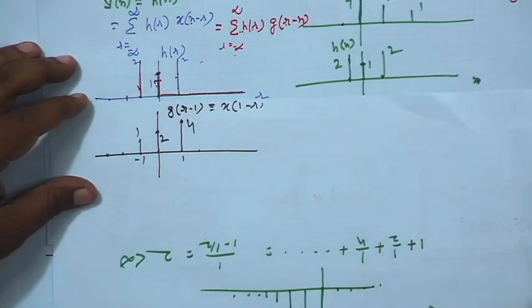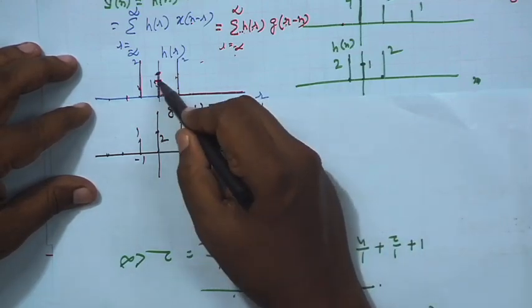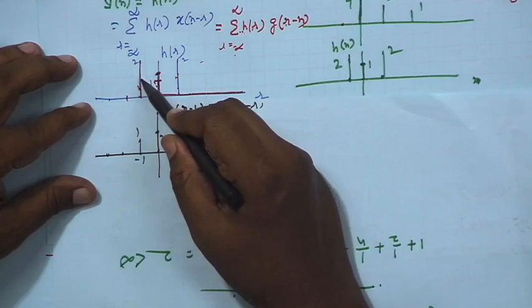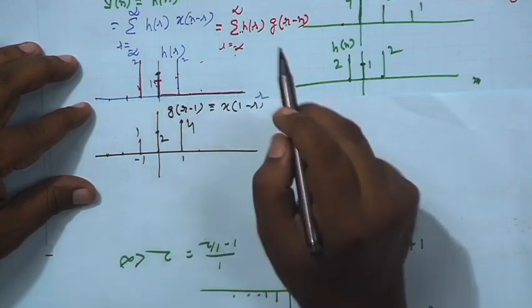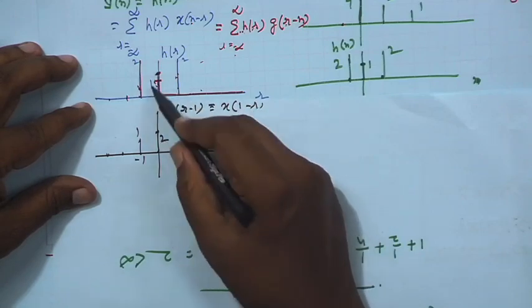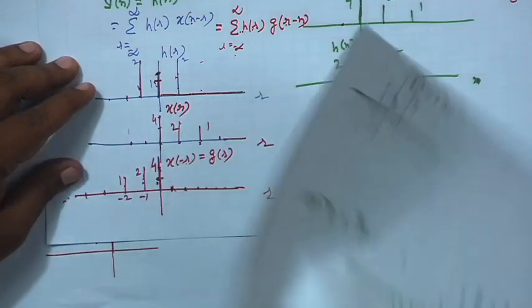Now, if you do sample wise multiplication, 4 into 2, 2 into 1, 1 into 2, and then 0 into 0, 0 into 0, they do not contribute anything. All right. So, 8 plus 2, 10 plus 2, 12. So, the next value is 12.